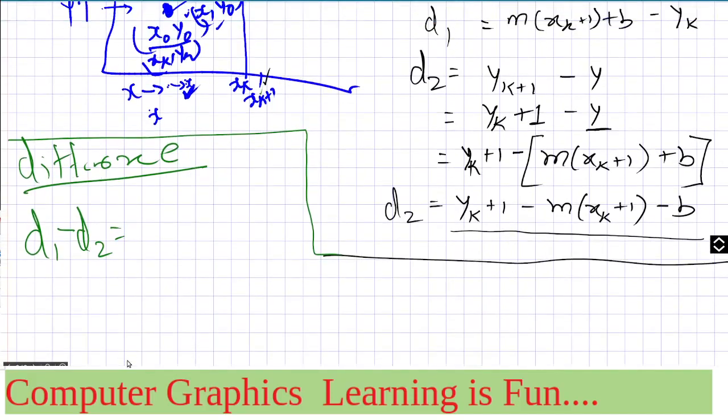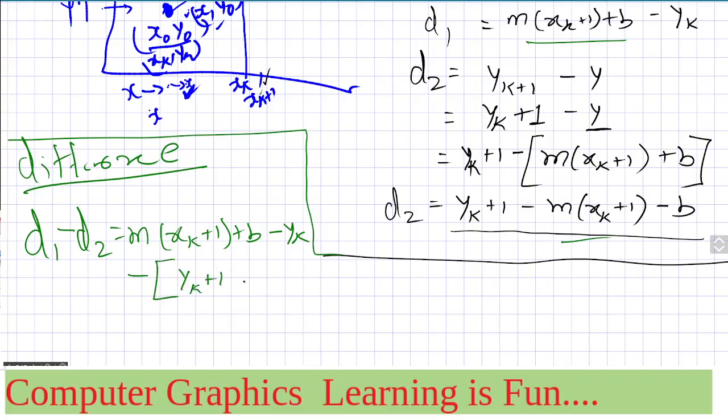We have d1 as this value and d2 as this value. Let me write it here. d1 is mxk plus 1 plus b minus yk, minus this thing d2. What is it? Yk plus 1 minus mxk plus 1 minus b, right?